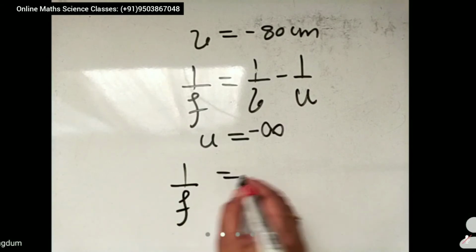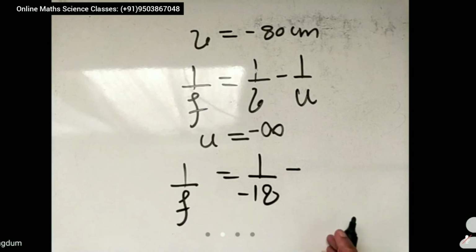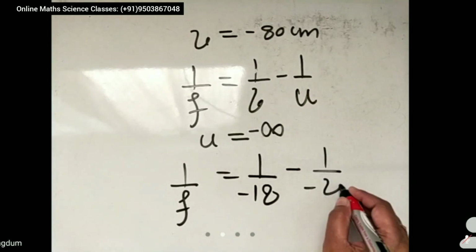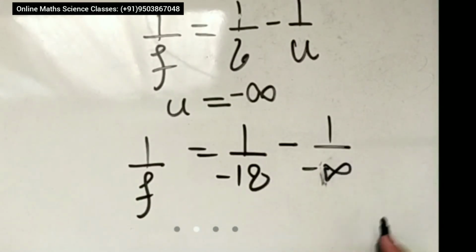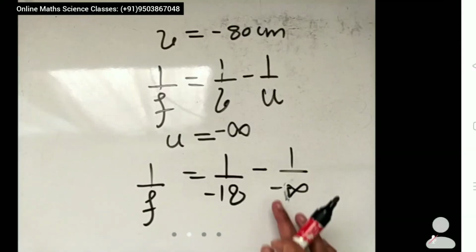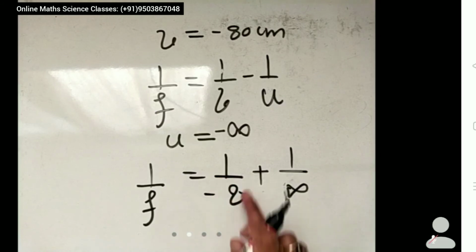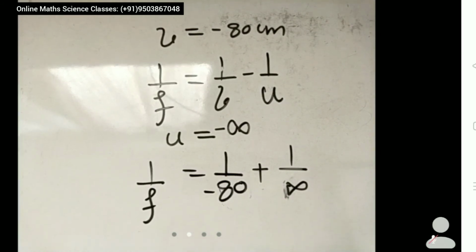1 upon f is equal to 1 upon v, which means 1 upon minus 80, minus 1 upon u, which means 1 upon minus infinity. Okay, and since it is minus minus, I will write plus. 1 upon infinity is 0, that we know. I have corrected, it's minus 80.